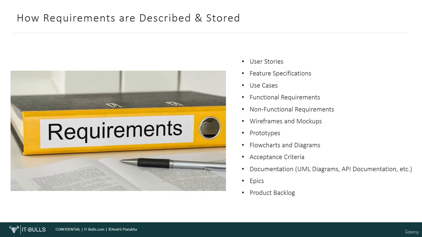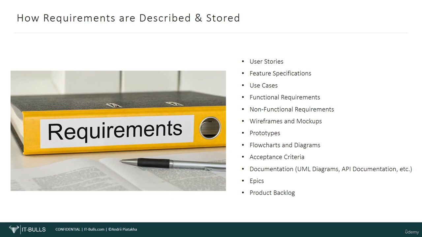User stories are often used in agile methodologies like Scrum and Kanban. Feature specifications. Feature specifications provide a detailed description of a specific feature or functionality. They outline the purpose, scope, behavior, user interaction, and other relevant details. These documents are typically more detailed and structured than user stories.